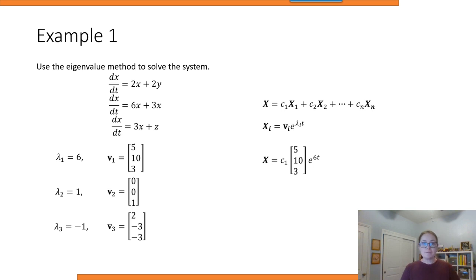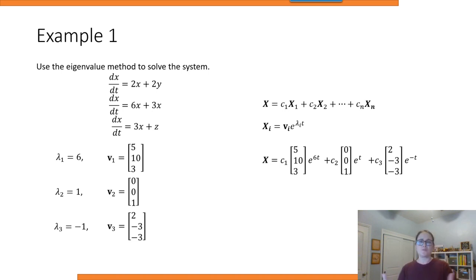So for the first one, I've got C1 times my vector 1, 5, 10, 3, times e to the 6t, since that's the lambda for that eigenvector. And then go to the second one, plus C2 times V2 times e to the 1t. And for the last one, plus C3 times V3 times e to the negative t for that eigenvector.